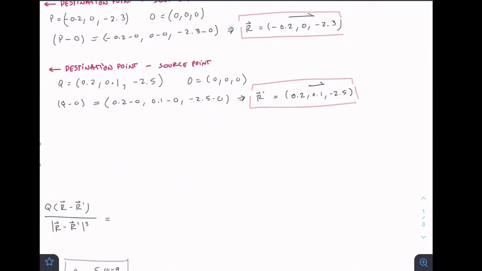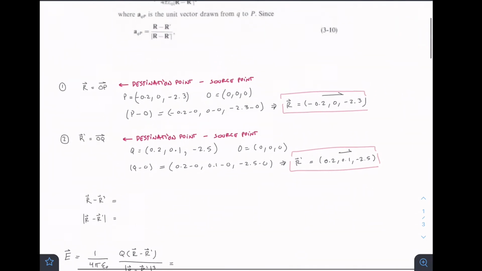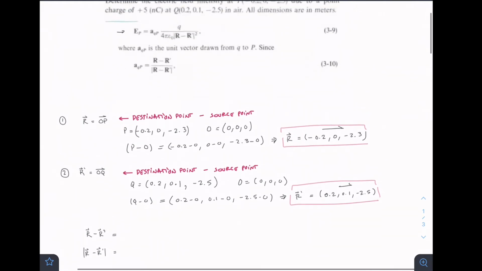Now we need to use them to find the electric field, because as we see in our equation, we need the magnitude of r minus r prime, and then we need this unit vector, which is r minus r prime divided by the magnitude. If you're trying to find a unit vector in a direction, it's always the vector divided by the magnitude of that vector.